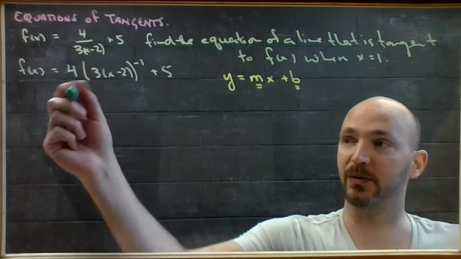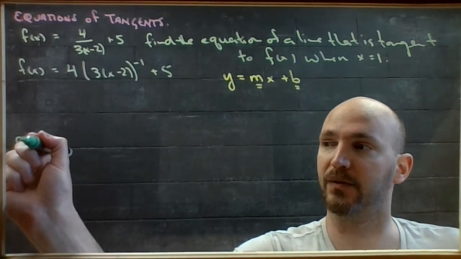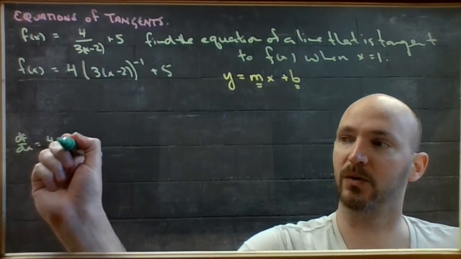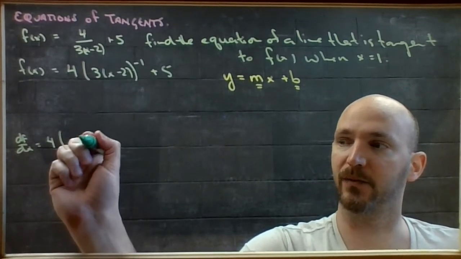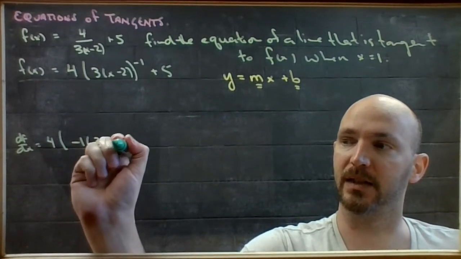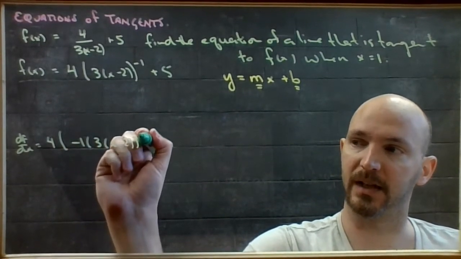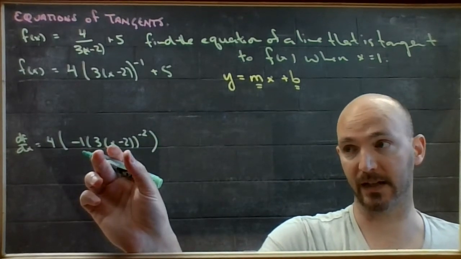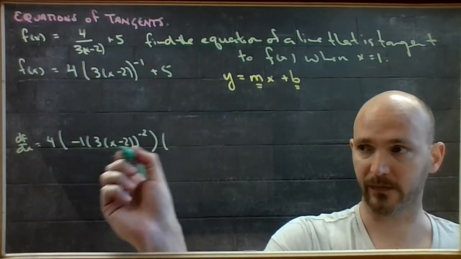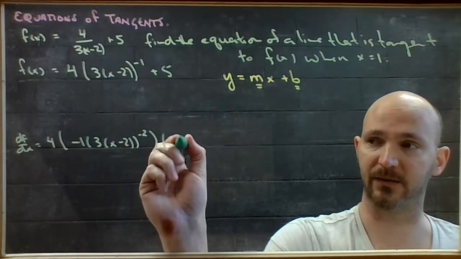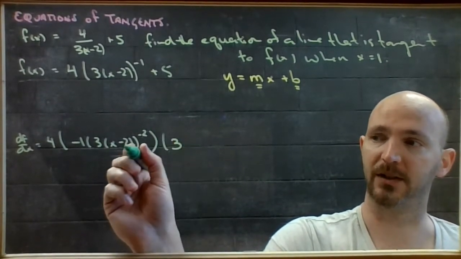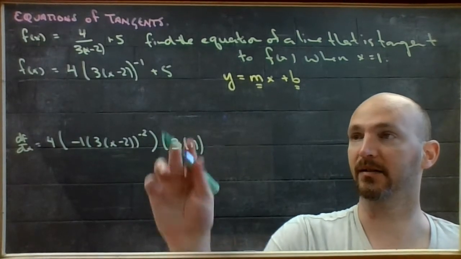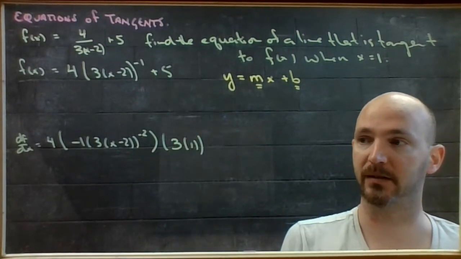So I'm going to take its derivative, df by dx, leave the 4 alone, negative 1 comes in front, 3x minus 2 to the negative 2. I have to do the derivative of the inside here now. So the derivative of 3x minus 2, the 3 stays alone, the derivative of x is 1, and the derivative of a 5 is gone.